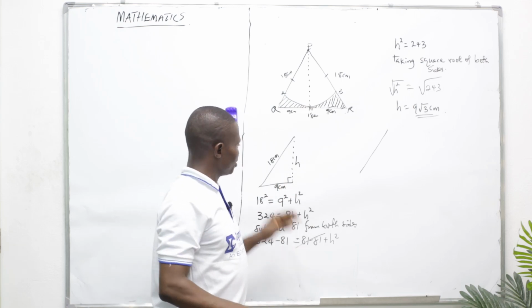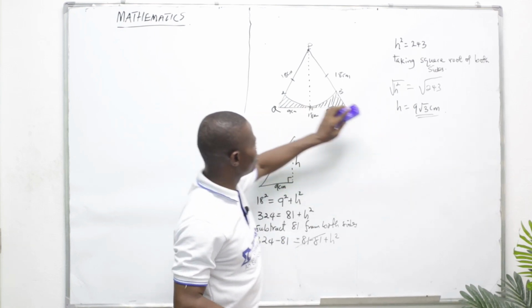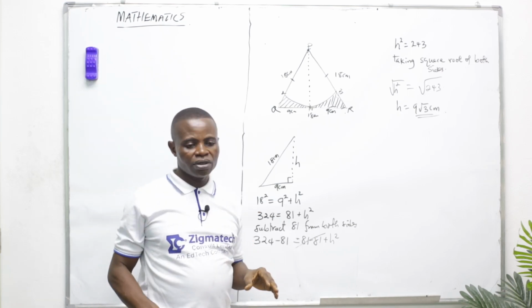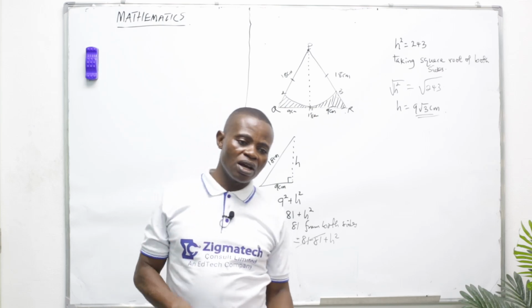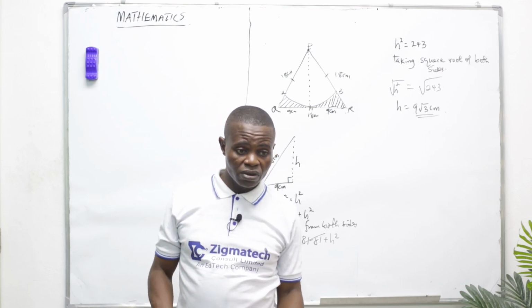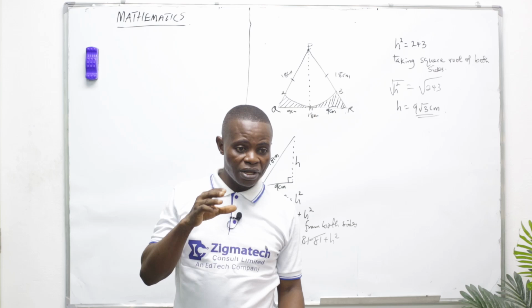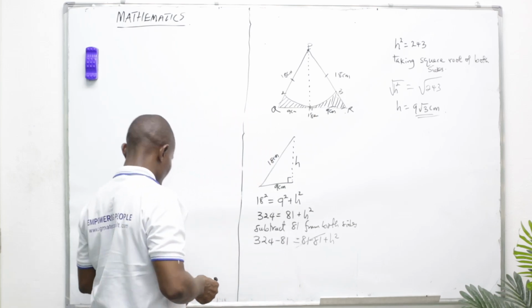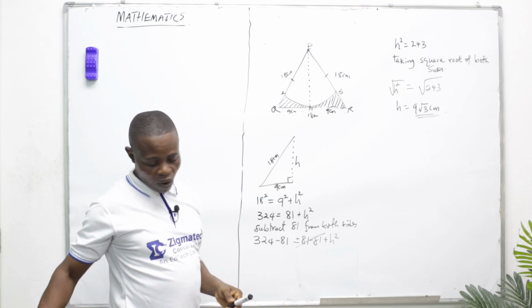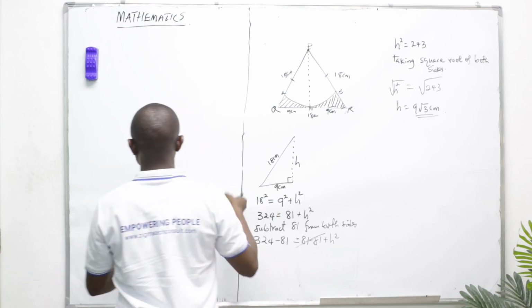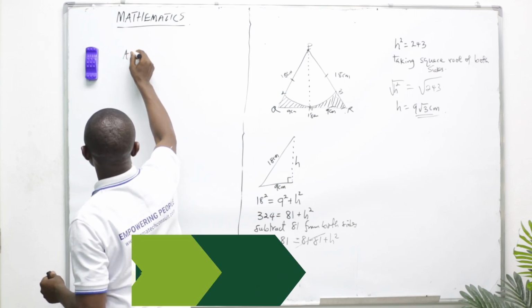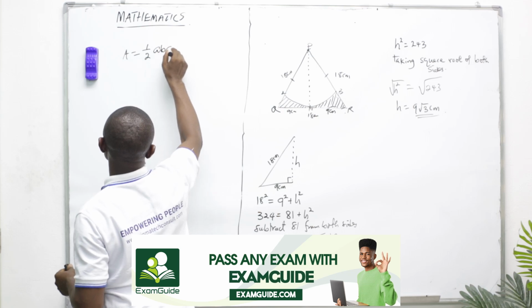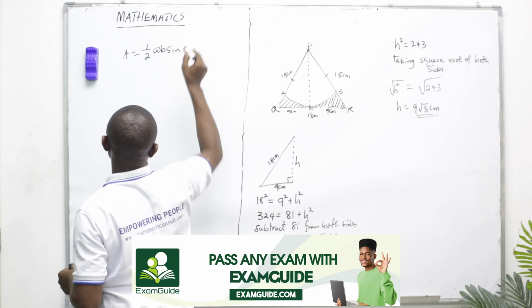The first area of the shaded region, let us handle the area of a triangle. Recall that when you have a triangle having an angle in it, you are going to use the formula A equals 1/2 ab sin theta.